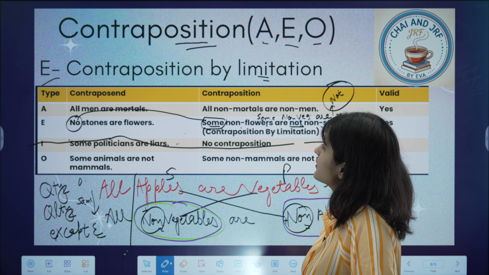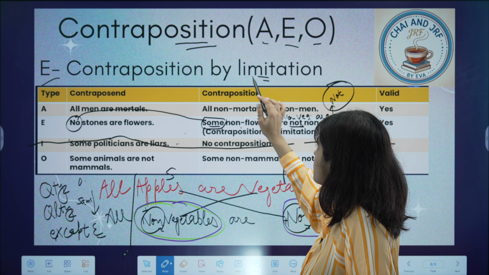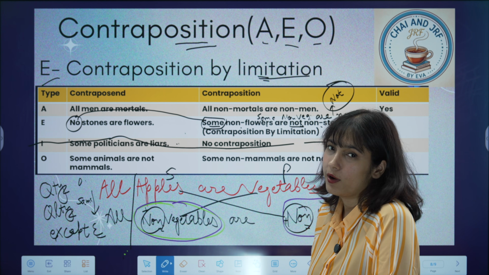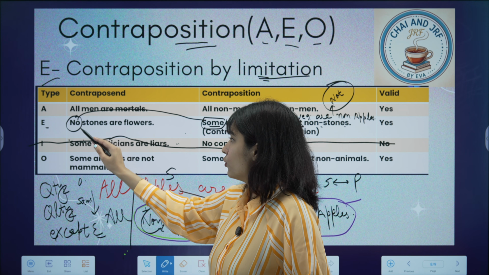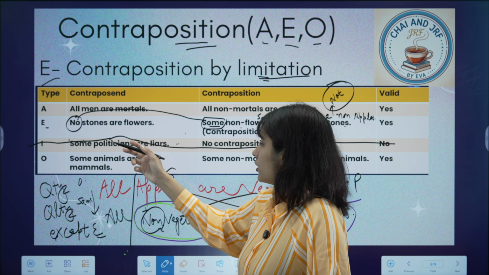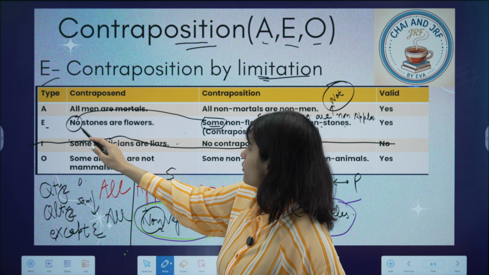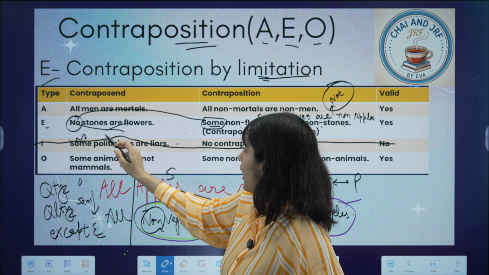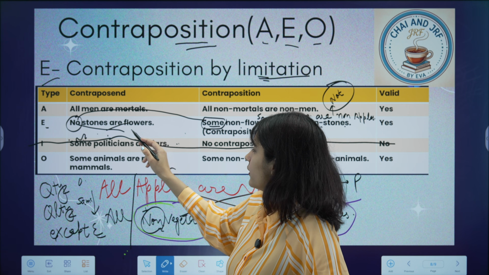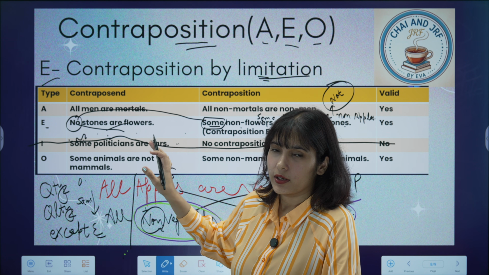In order to understand the concept of contraposition by limitation, look at this E type of proposition. It states that no stones are flowers. So according to the basic rule, we would say no non-flowers are non-stones, but this is not correct. Why?